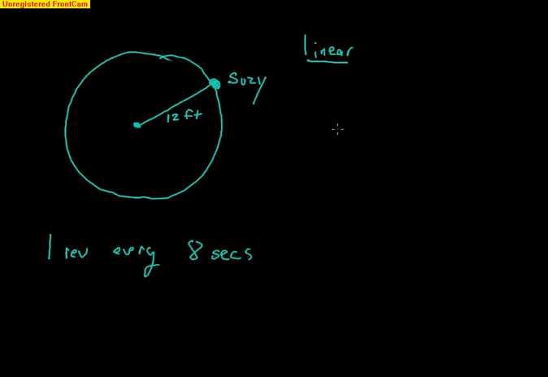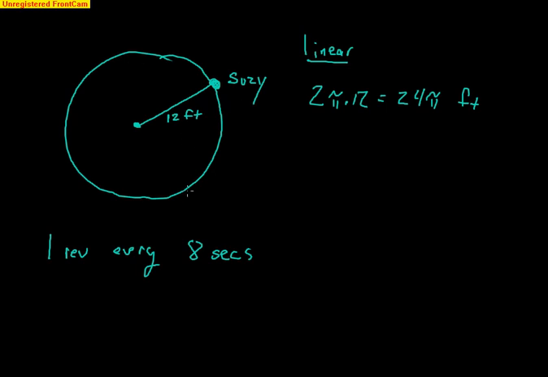Every 8 seconds she goes all the way around the circumference of the circle. So the circumference of Susie's path would be 2 pi times 12, or 24 pi, and that would be feet, and she's doing that every 8 seconds.